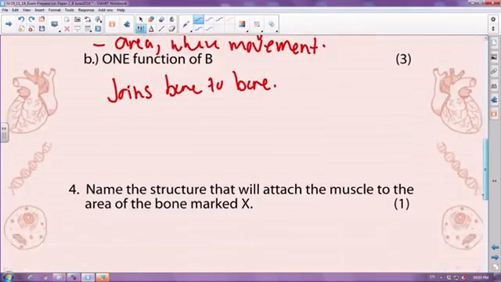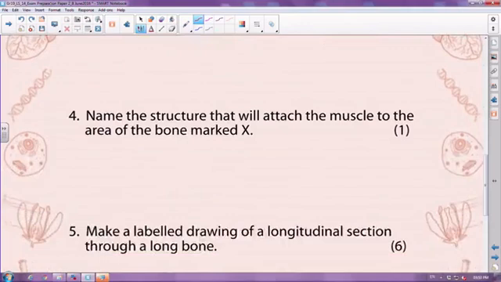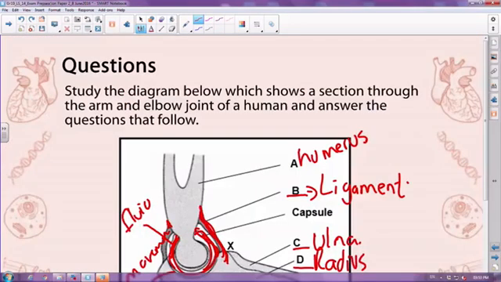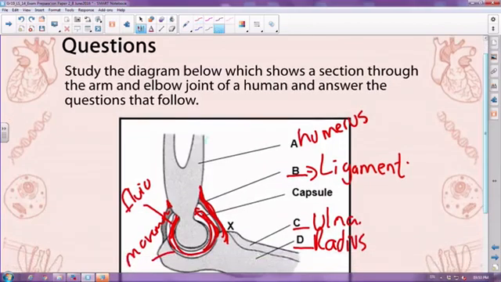Now, very interesting one. Question number 4. Name the structure that will attach the muscle to the area of the bone marked X. So what we're going to find over here is a structure that comes here, and then we have a muscle.